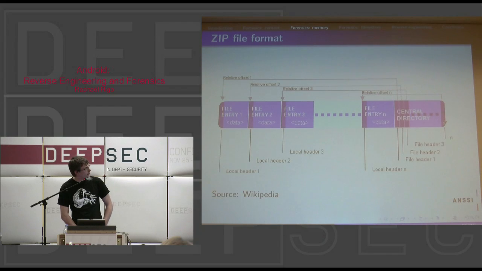Here, this pointer says, okay, we got n files in this archive, so the data starts here. And afterwards, you get file entries, one for each file, which say, well, the file is at this offset. So if you can find the central directory in memory, you have enough information with all the files to look for the local file headers in memory.